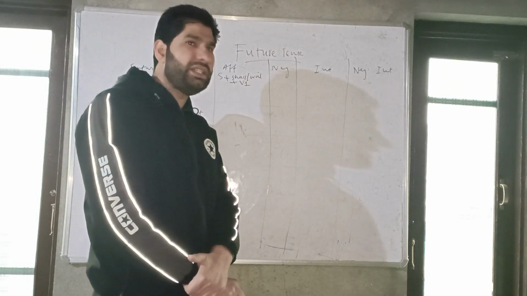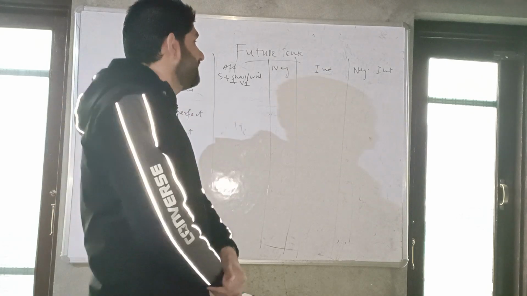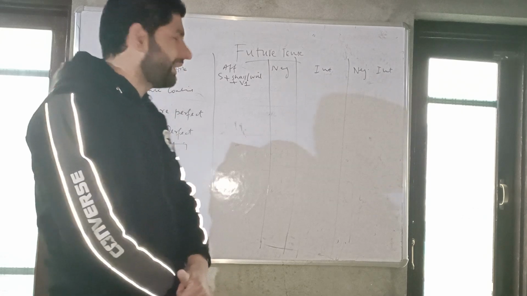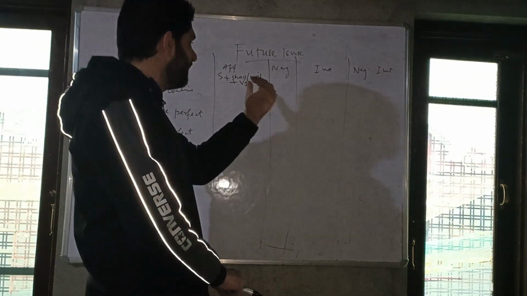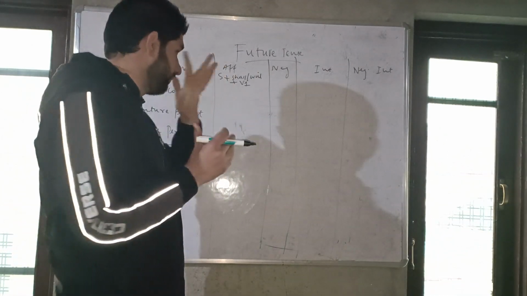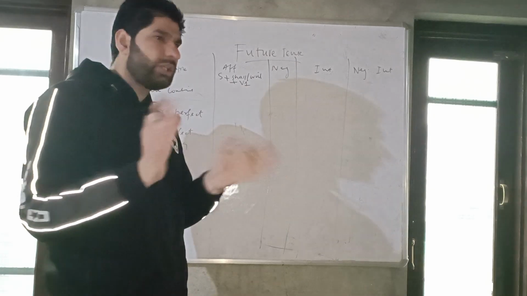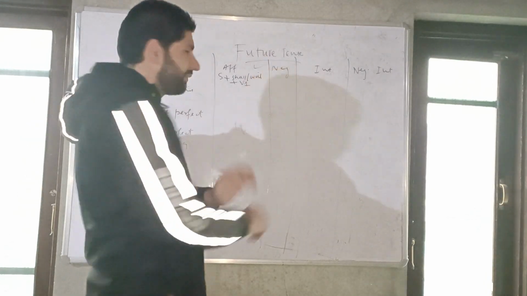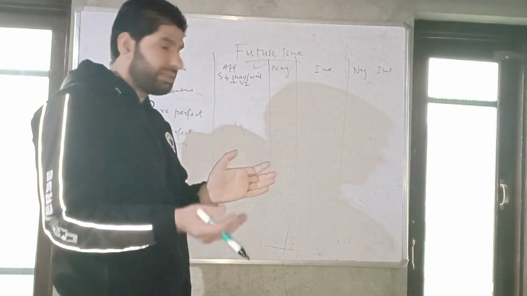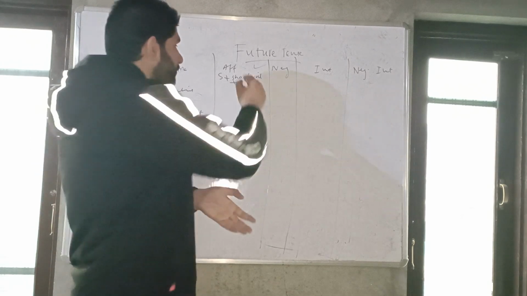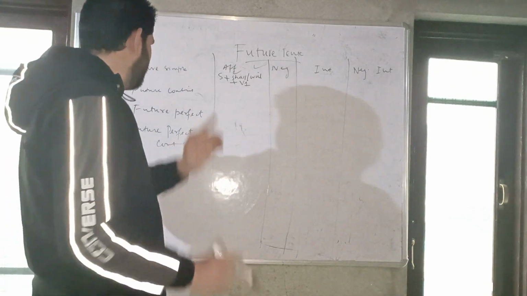But never say if you do not love me, I will die. Nobody dies out of that. You have to remember this very simple rule. Whenever you find that a sentence about future is going to happen for sure, use will. Whenever you feel the sentence about future may or may not take place, use shall. Very simple.